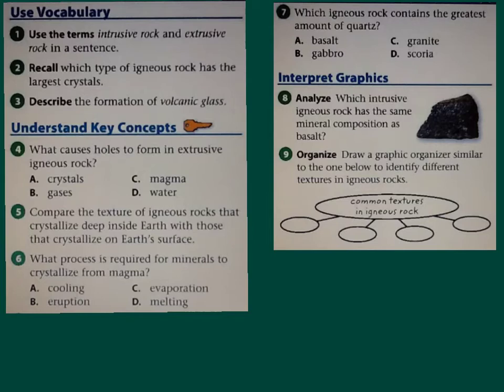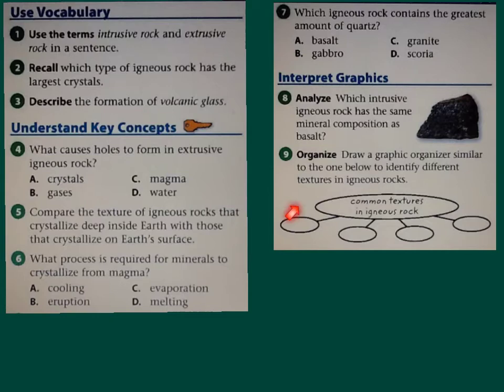So we've come to our review of this lesson. I want you to do a couple of things for me. I know there's a lot of questions here, 1 through 9. However, you're not answering 1 through 9. I want you to answer questions number 1, 2, 4, 6, and 7, and I want you to draw number 9 and answer those circles, please.